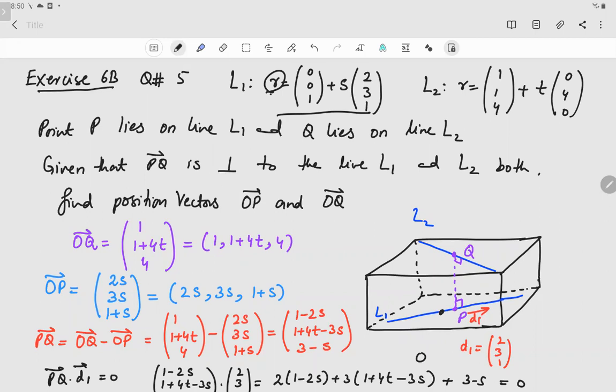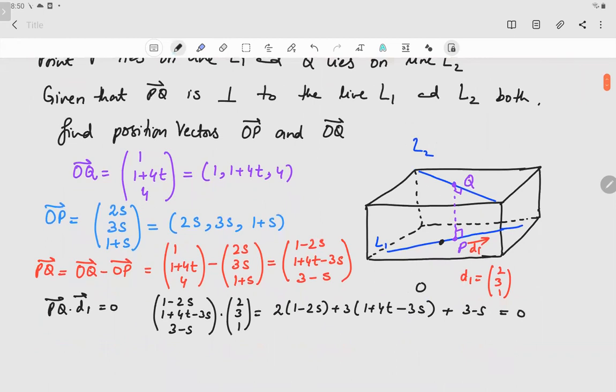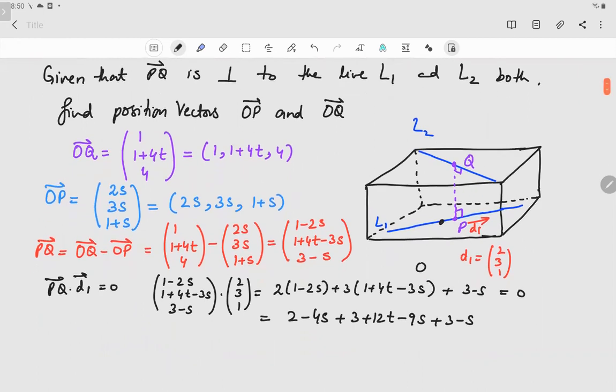Now calculating the dot product with this and simplifying it is equal to 2 minus 4s plus 3 plus 12t minus 9s plus 3 minus s, equating them equal to 0 and simplifying.